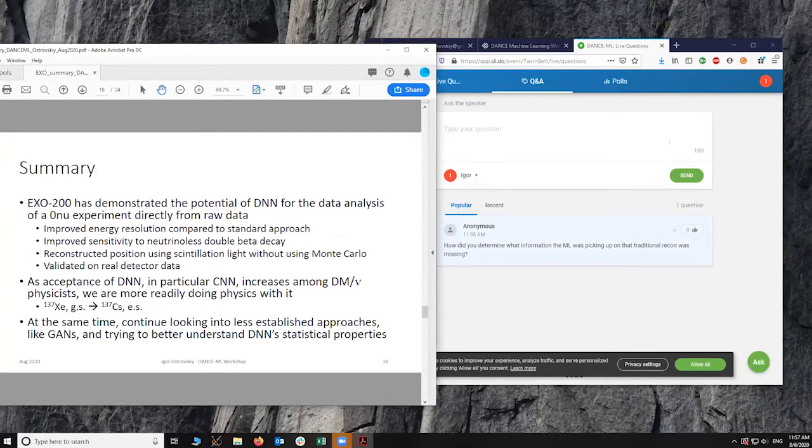How did you determine what information the machine learning was picking up on that the traditional recon was missing? Right, one of the things that we did is we had an idea that reconstructing induction is hard. So we went ahead and created separate Monte Carlo samples with the induction turned off.